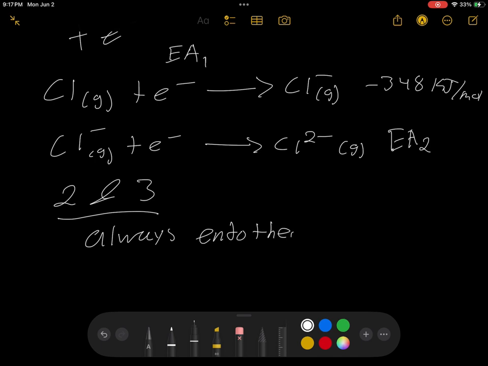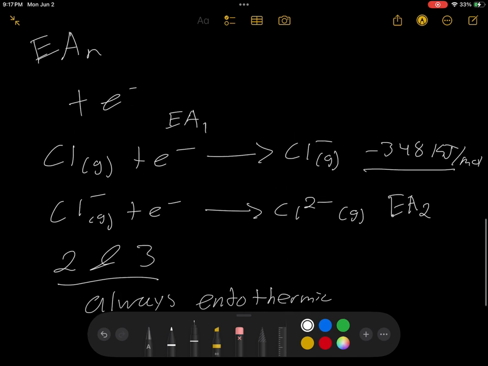So your first electron affinity for most atoms is going to be exothermic, like we saw with this chlorine, which makes sense because ionization energy is endothermic because we're removing an electron. That takes energy. It's like trying to pull a magnet away from another magnet. That takes energy.